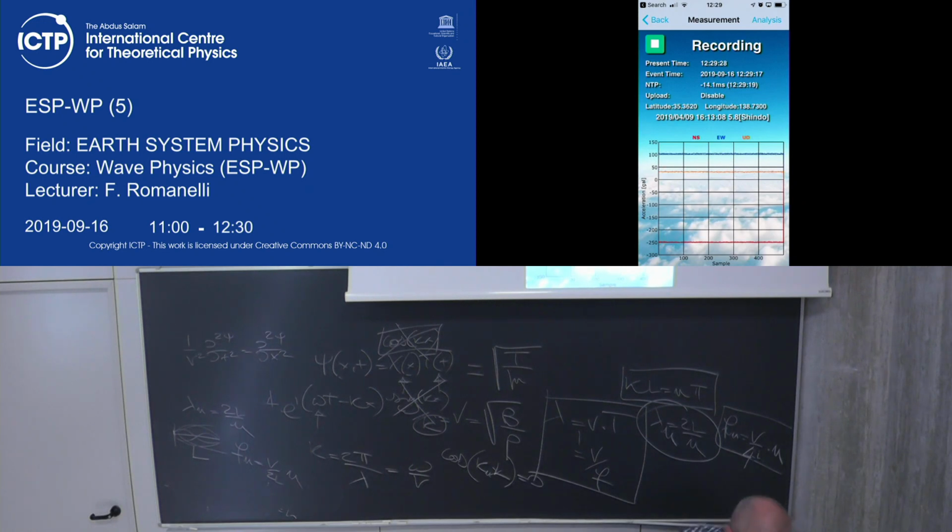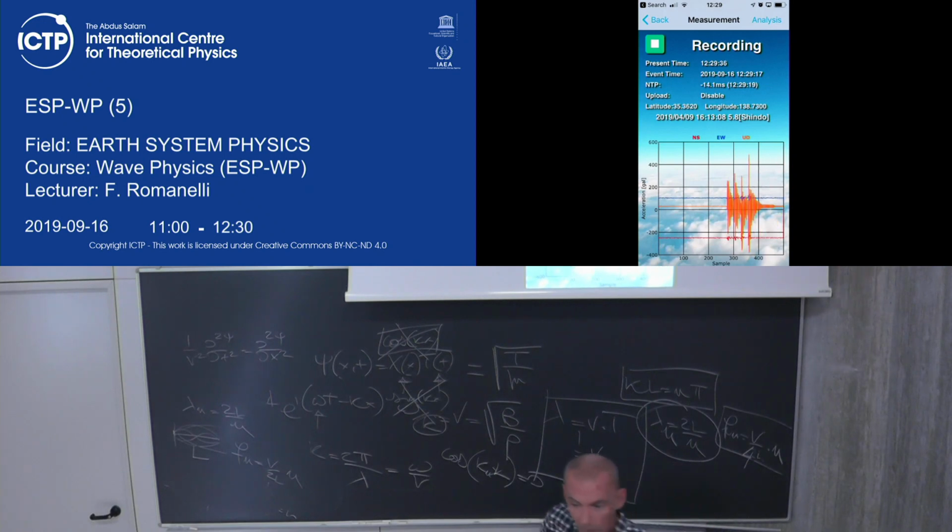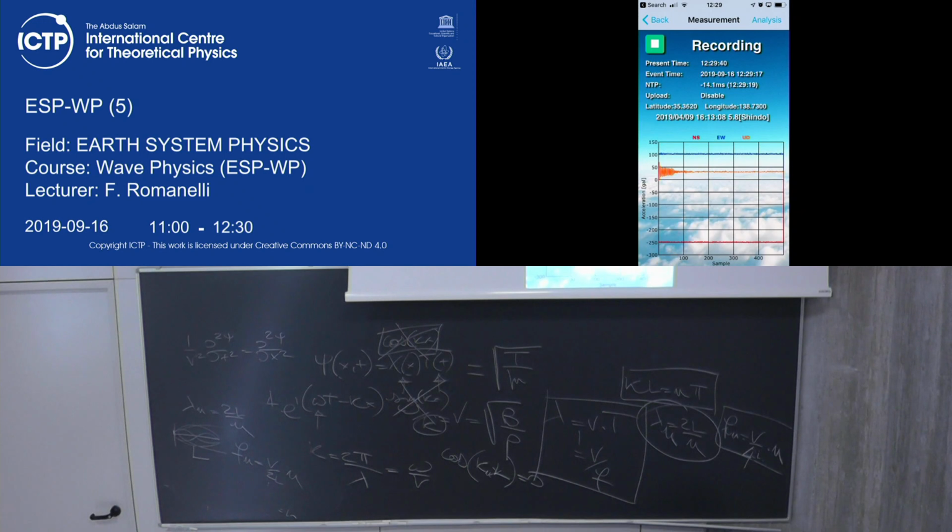Now it's very tiny. That's not tiny. Okay? Now, this is not using the microphone. This is using the accelerometer that is inside, and so it's feeling the vibration of the table.